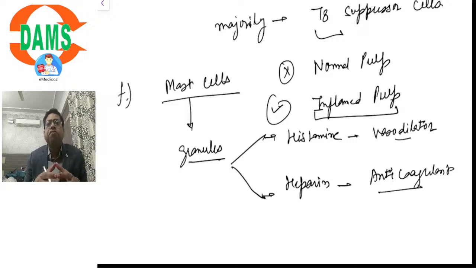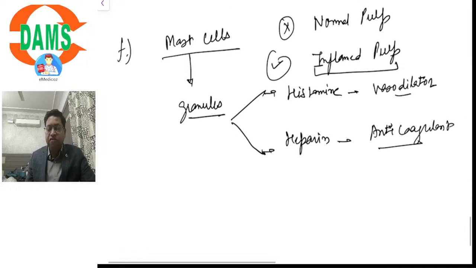So whenever the pulp is copiously bleeding, it would be having mast cells that liberate granules like histamine and heparin that increase the profuse bleeding of the dental pulp. So that gives rise to the copiously bleeding inflamed pulp.